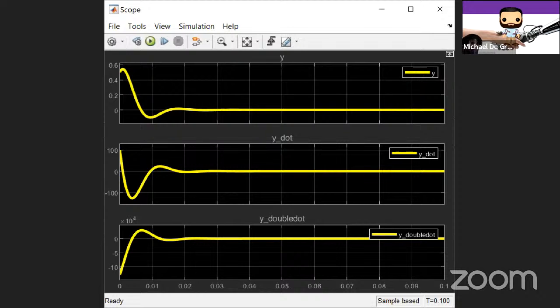Okay. You cannot do this with the transfer function method. You can kind of do this with state space, except that you would need to define a C matrix to get out velocity and acceleration, right?